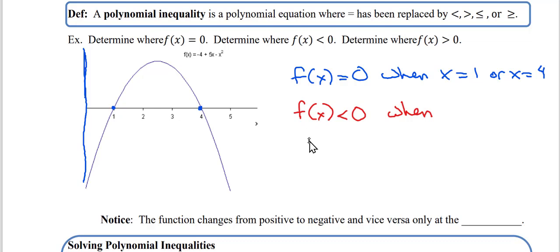It's the output of the function. Y values less than 0 would be anything below the x-axis. So we're talking about here and here would all be situations where y is less than 0. So that happens when x is less than 1 or x is greater than 4.